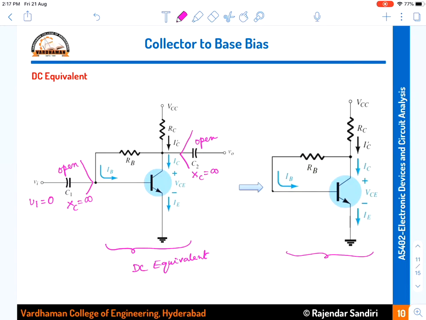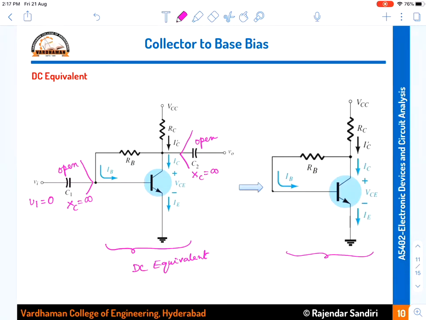But for understanding purposes, we have to treat these two separately: what is the behavior of DC on the transistor, and what is the behavior of AC on the transistor. So in this chapter, we are analyzing only the effect of DC. Okay, and the effect of AC we will look into in the next chapter. Now I hope you understood how we obtained this DC equivalent circuit, by making the input AC voltage 0.